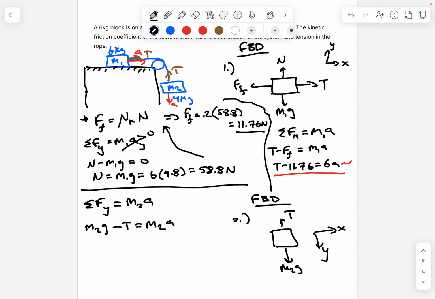Plugging in our numbers, this is 4 times 9.8 minus T is equal to 4 times a, which is just 39.2 minus T is equal to 4a. And this is our second equation that we can use.